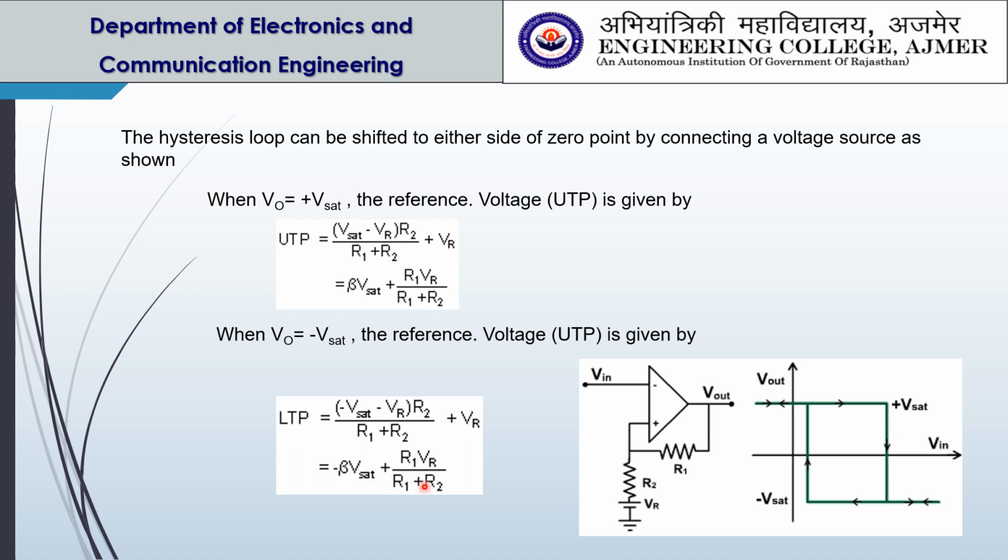So we can shift the hysteresis loop to either side of 0 by connecting a voltage source as a reference, as shown in this figure.